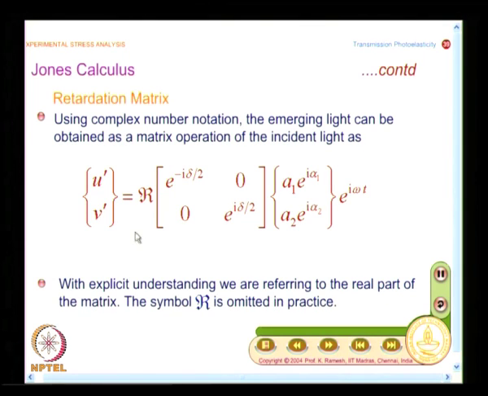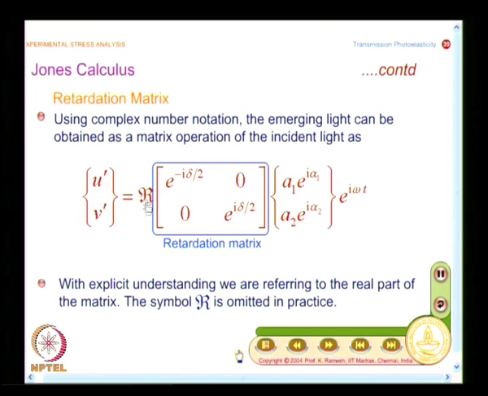So, I have u prime v prime, which is equal to, we take the real part of, e power minus i delta by 2, 0, 0, and e power i delta by 2. Why do I have e power minus i delta by 2 here? Because I understand that this is the slow axis and this is the fast axis.